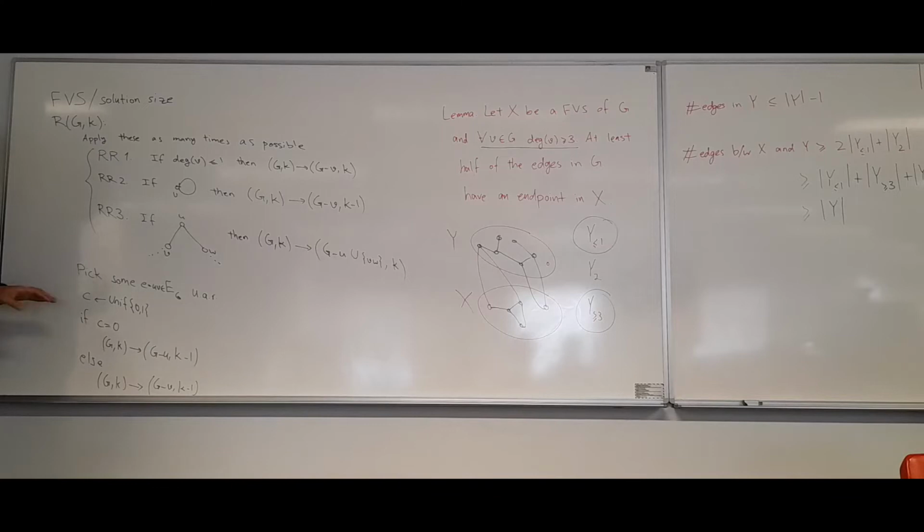But then I'm also taking the endpoint uniformly at random. So at the end of it, when I'm removing one vertex, there is at least a 1/4 probability that the vertex that I'm removing was actually really in my solution, right? So I have a half probability when I choose the edge, and then I have another half probability when I choose the endpoint.